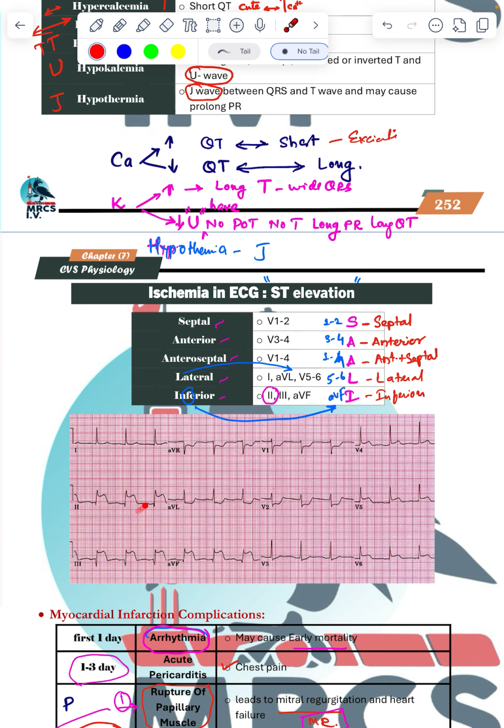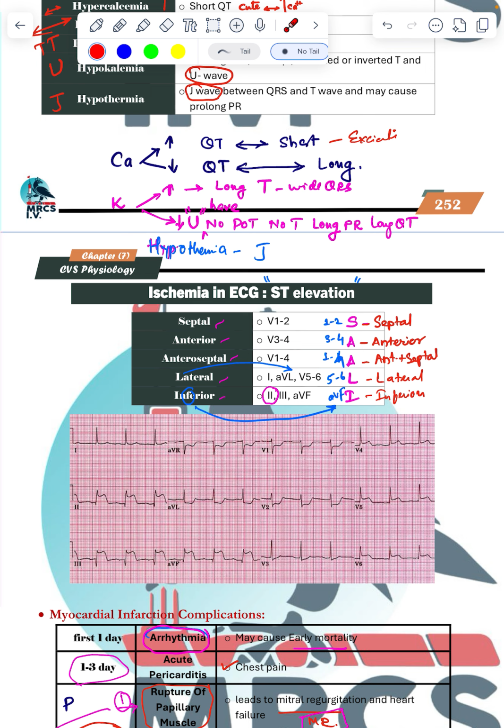There you can see P, Q, R, S, T, ST elevation. Ischemia, ST elevation. If it is lateral wall, in aVL, inferior wall, aVF. F is for aVF, L is for aVL. Try to remember lateral, L, aVF.